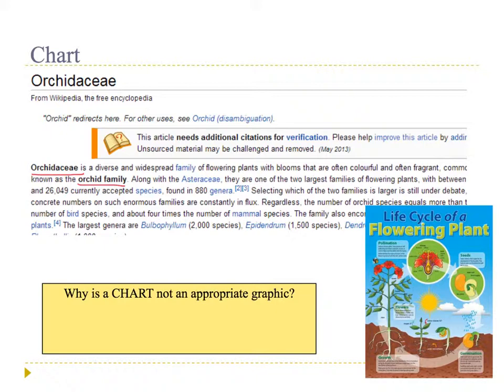It talks about the different families in that type of family, and the different descriptions of the orchids. And then over here we have a chart that is charting the life cycle of a plant, and it puts the different phases and different categories of the plant. So tell me, why is it not appropriate? Pause it here. All right, thank you.